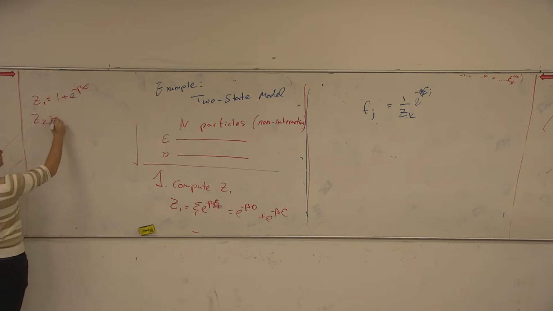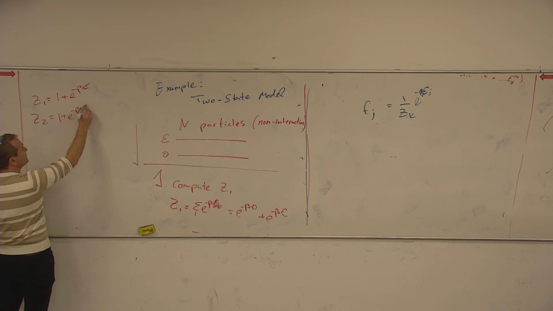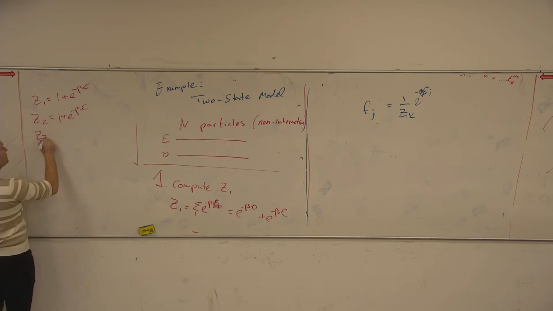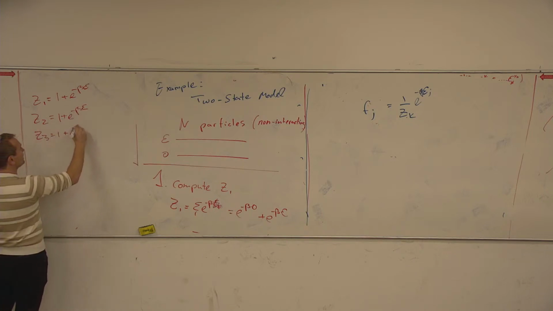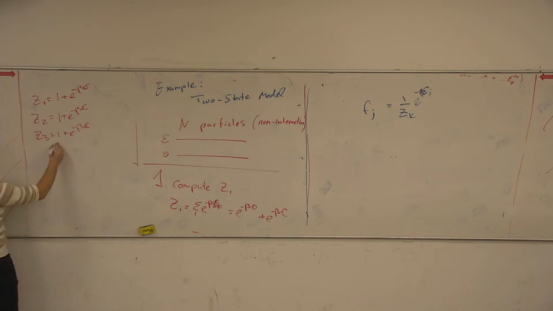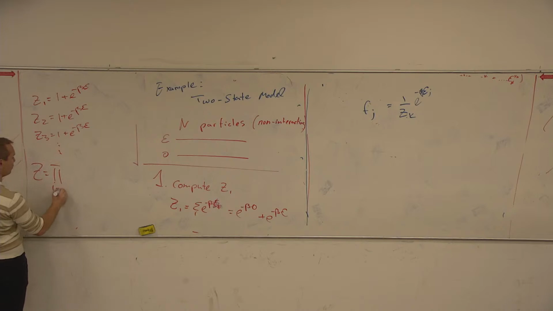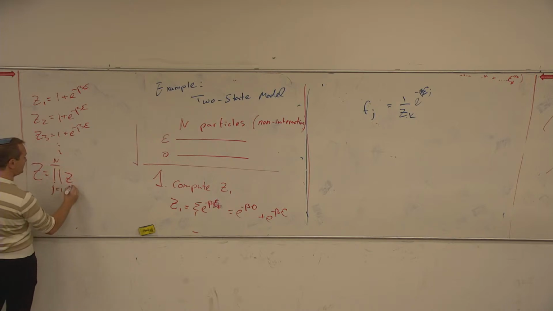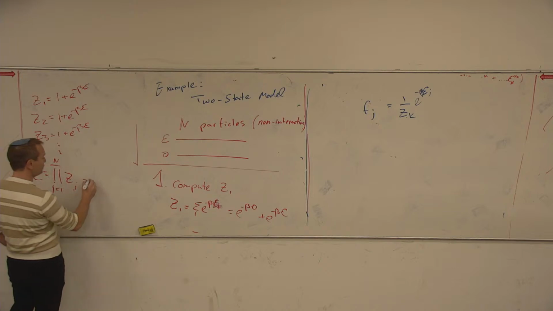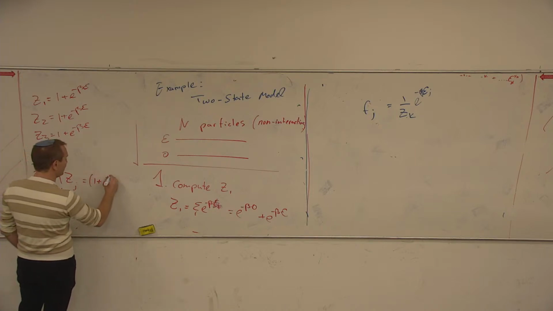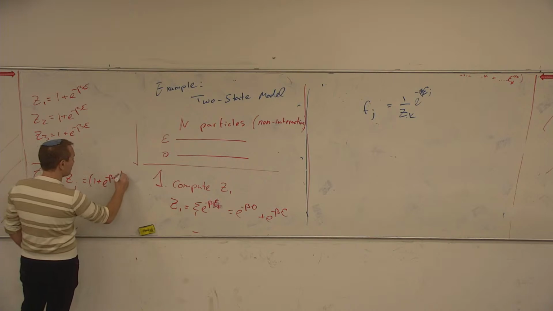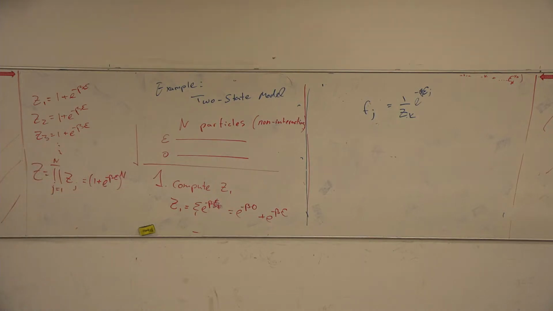Z2 equals 1 plus e to the minus beta epsilon. They are identical. Z3 equals 1 plus e to the power minus beta epsilon. Z equals the product over j from 1 to n of Zj, which equals (1 plus e to the power minus beta epsilon) to the power n.